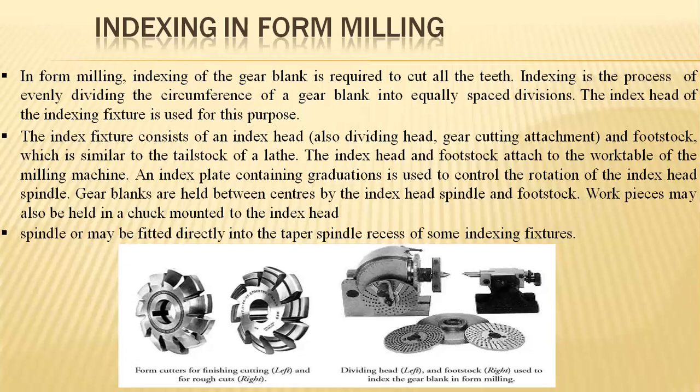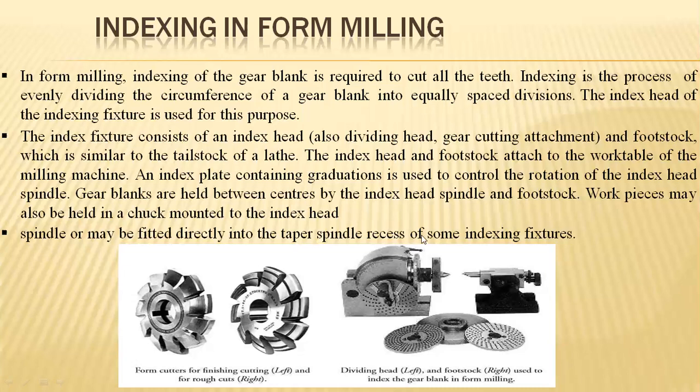As represented in the diagram, it consists of an index fixture, consists of an index head, which is dividing its head, gear cutter attachments, as shown in the picture number 2, and having its footstock, which is similar to the tailstock of the lathe as represented in the diagram.